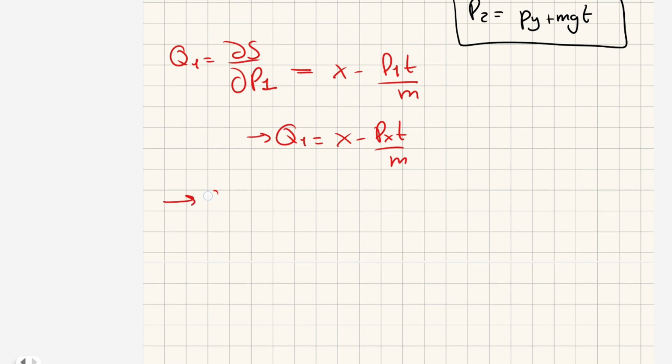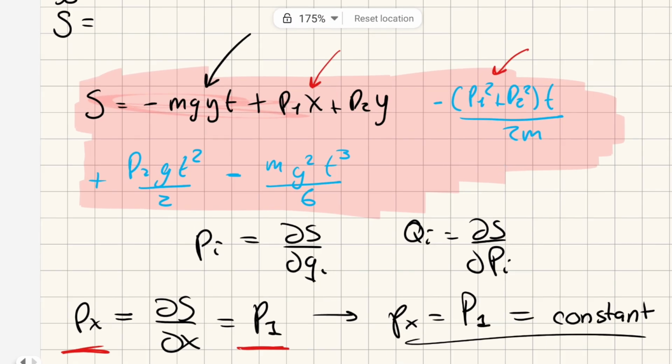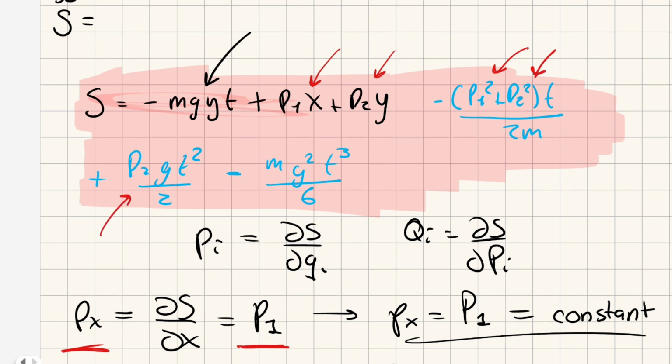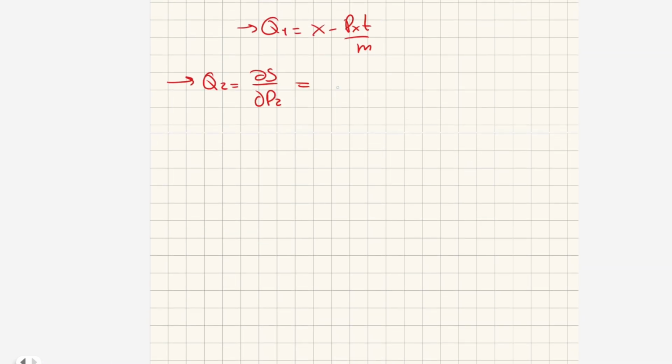And then q2 is going to be the partial of s with respect to p2. Okay, so what is that going to be? If we go back to the s, well, we have a p2 here, we have a p2 here, and here. Okay, perfect. So we are going to get that q2 is equal to y minus p2t divided by m plus 1 divided by 2 gt squared, right?